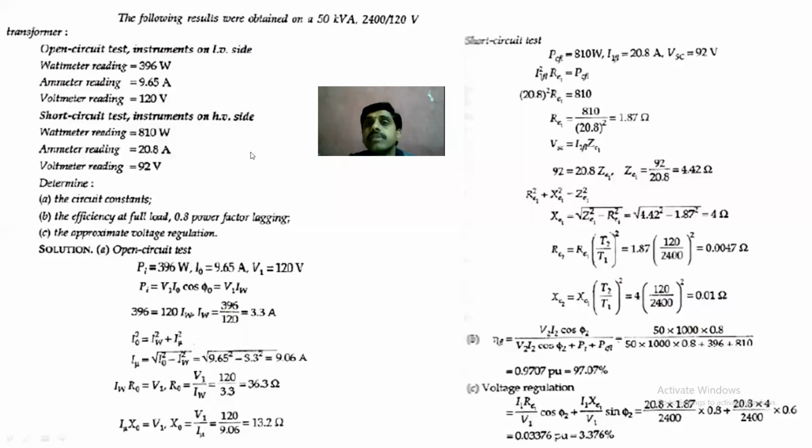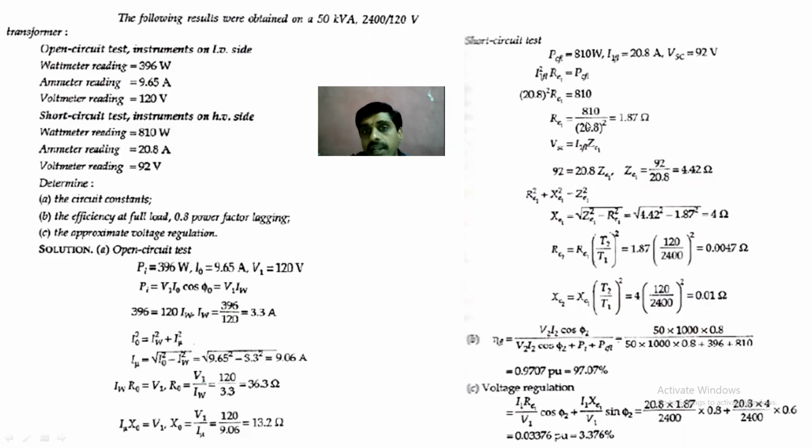Here one observation is there. You see here primary side I1 square R01, because the meters are connected on the primary side. The short circuit test instruments are on the HV side, because HV side means primary side. So that's why we are calculating R01, because I1 square R01 is equal to the copper loss if you equate.